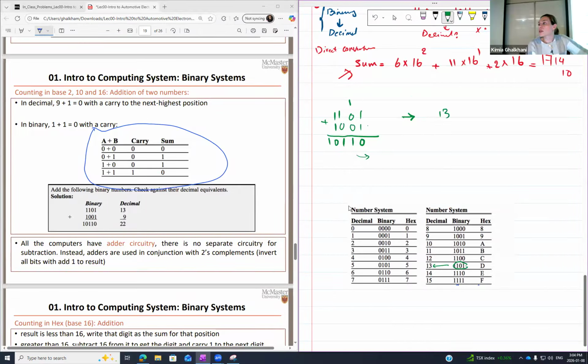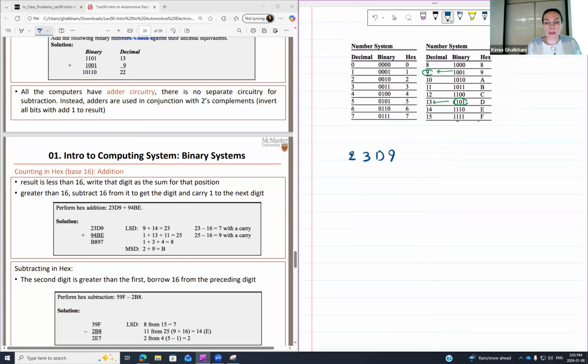This one was just two binary numbers, easy to understand. Now let's do two hex numbers. How do I add two hex numbers? Let's practice this one together. In order to add two hex numbers, suppose I'm having 23D9 and I'm having 94BE.